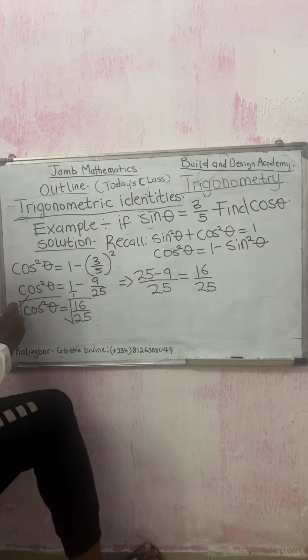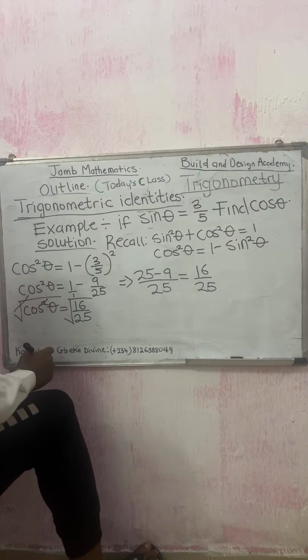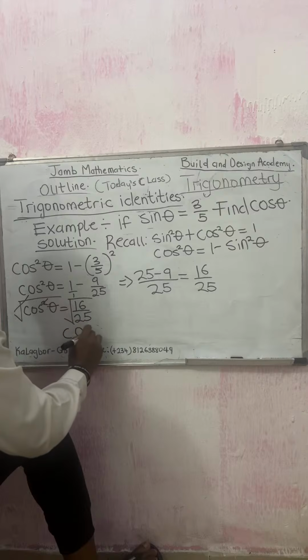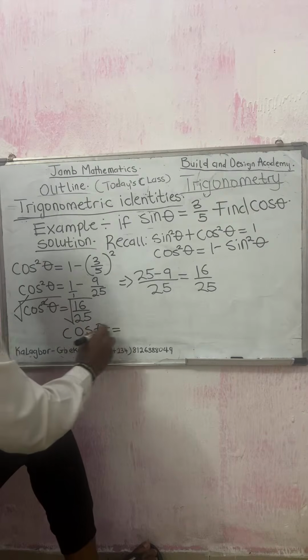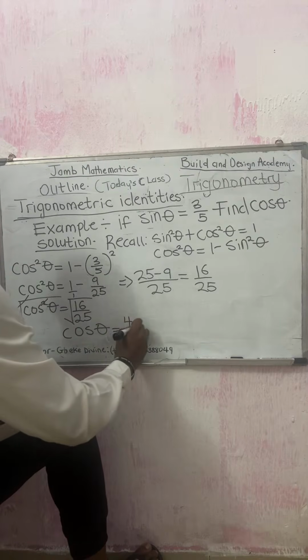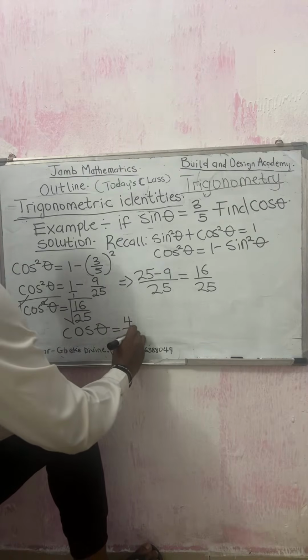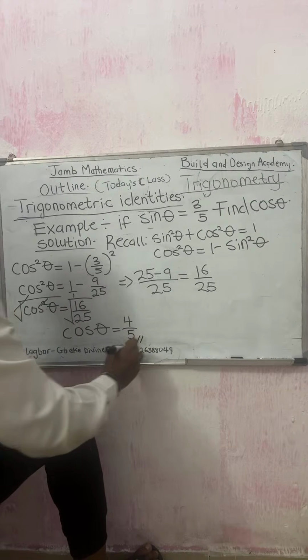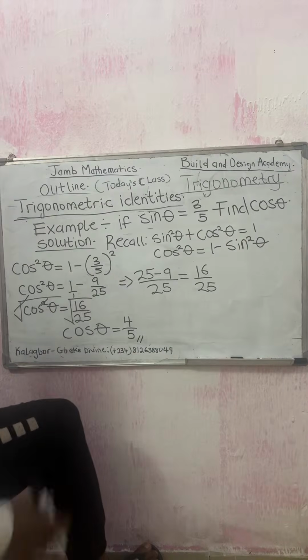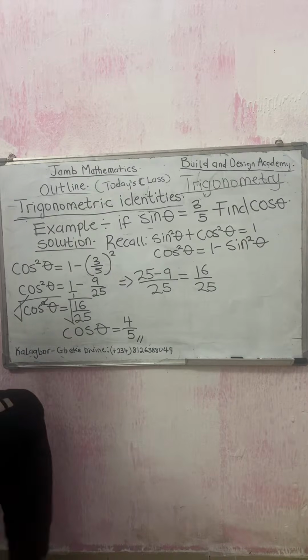So this square root will cancel this square sign, and we'll be left with cos theta equals the square root of 16, which is 4, over the square root of 25, which is 5. So this will be our final answer for cos theta from the question. So we have solved this question.